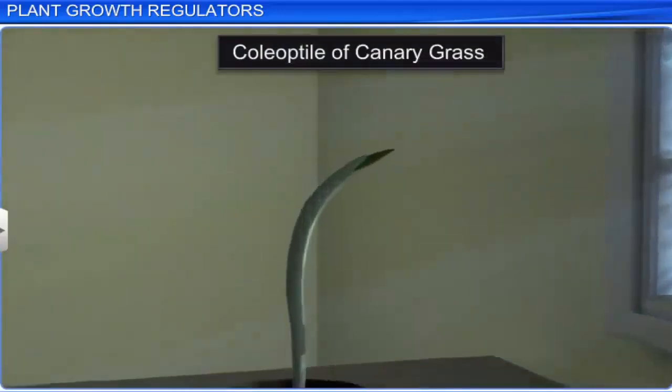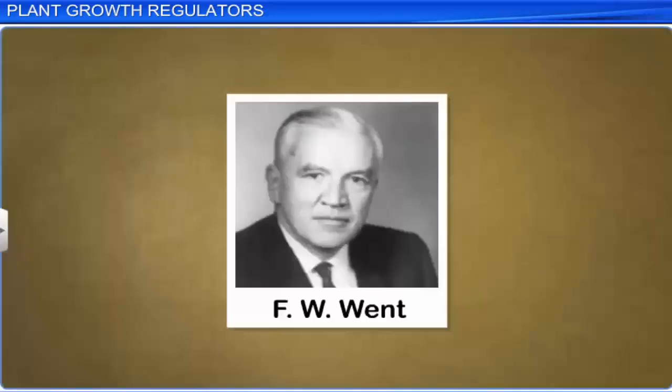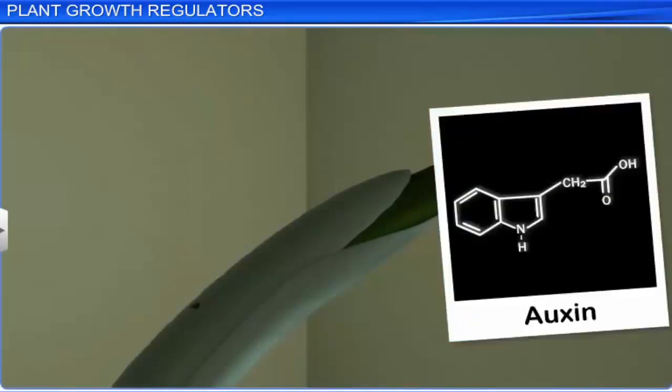After several experiments, they found that the tip of the coleoptile is responsible for the bending of the full coleoptile. Later, F.W. Went discovered that a substance at the tip of the plant was responsible for its growth and called it auxin, which means to grow in Greek.